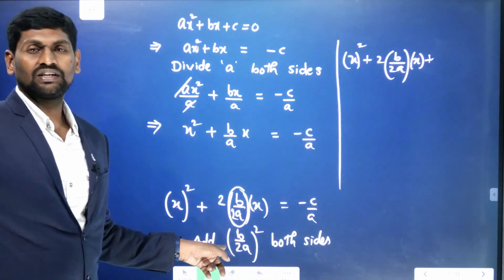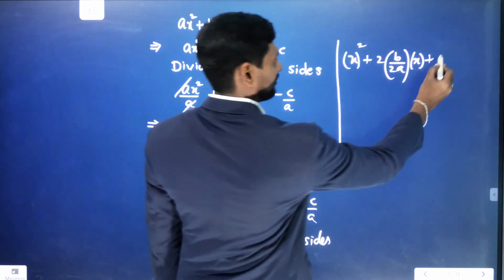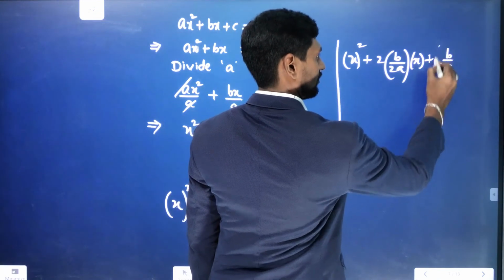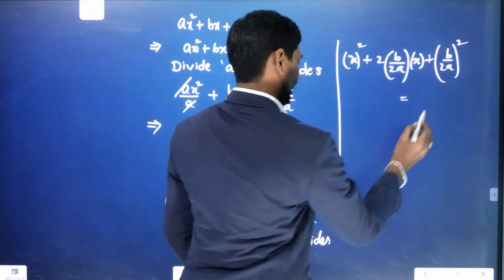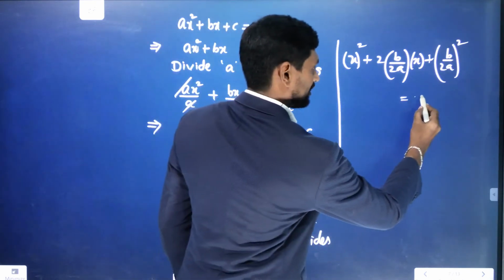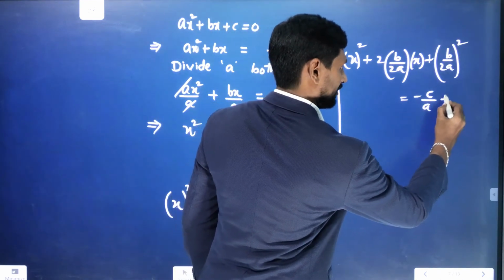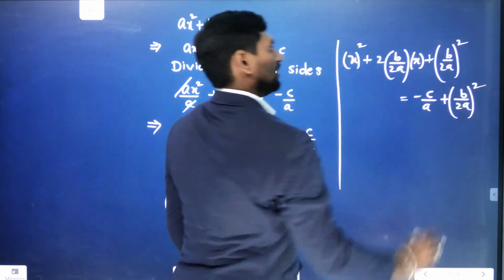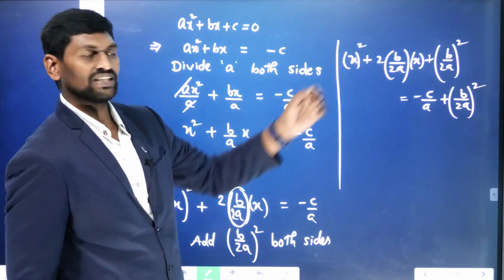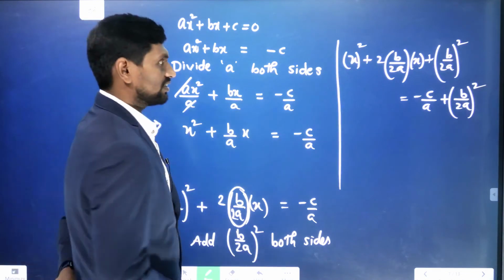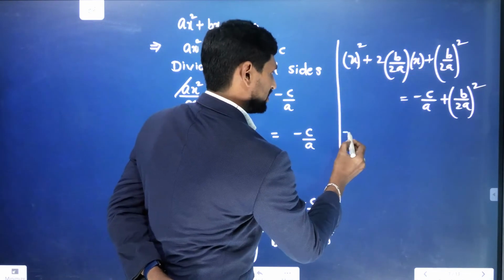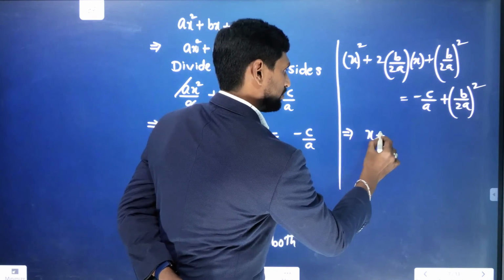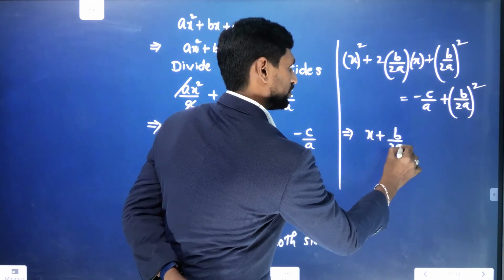B square means b by 2a whole square. Right side also we should add. So minus c by a plus b by 2a whole square. Now left hand side is in the form of a plus b whole square. A square plus 2ab plus b square means a plus b whole square. That means x plus b by 2a whole square.